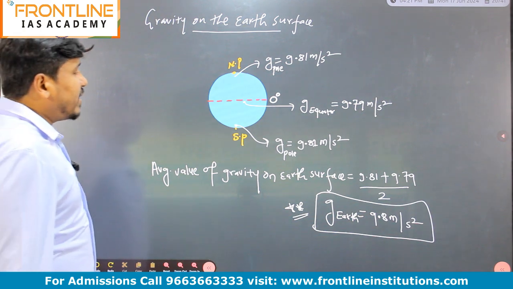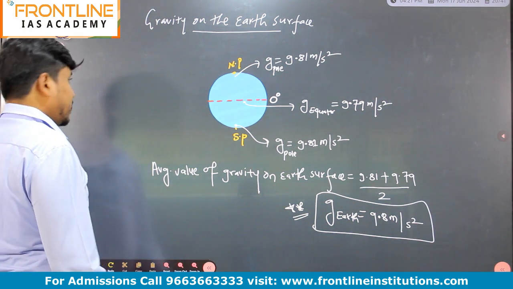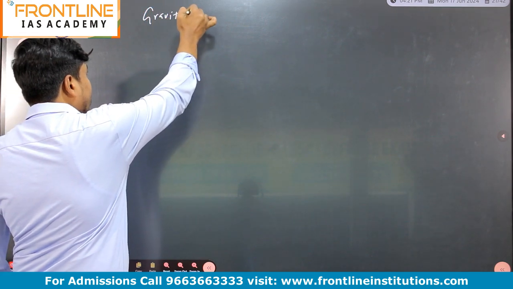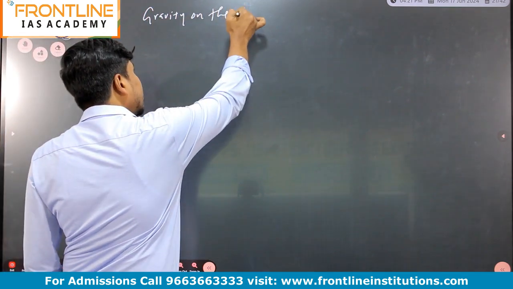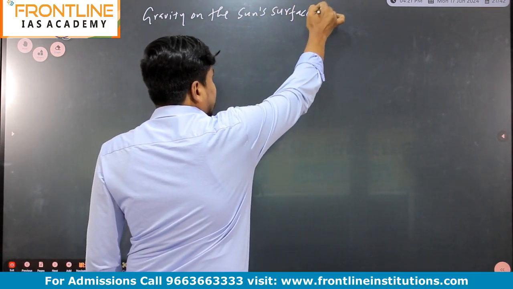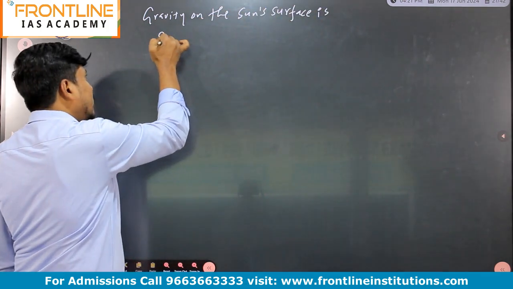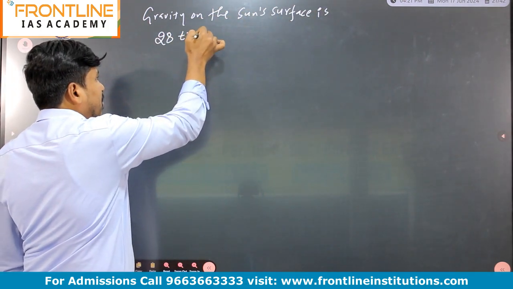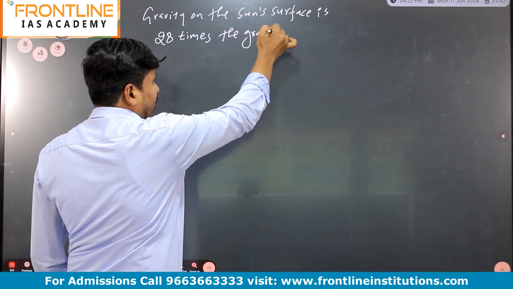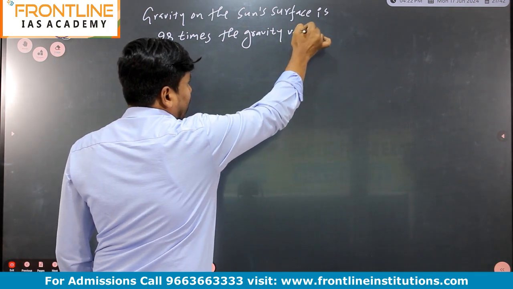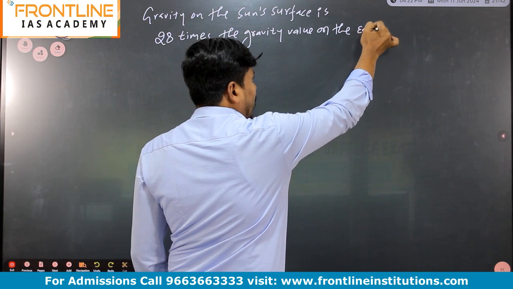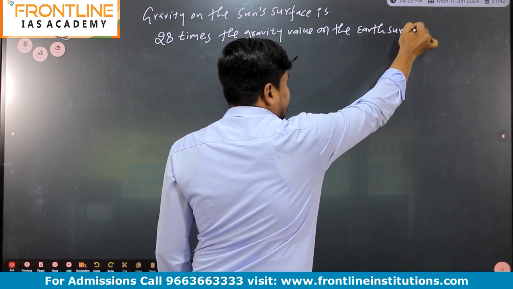Now the gravity on the sun surface, just listen. The next point is gravity on the sun's surface is 28 times the gravity value on the earth surface.